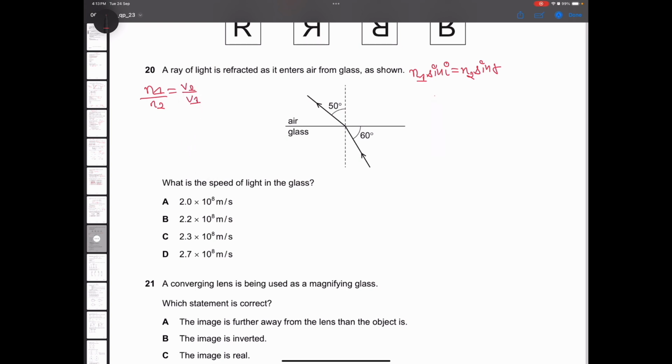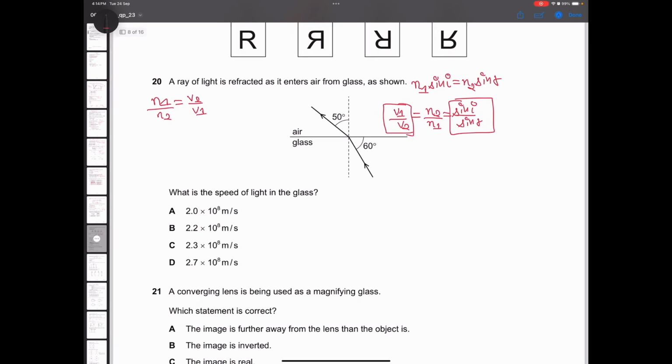Now let me rearrange this. N2 over N1 equals sin I over sin R. And N2 over N1 is also equal to V1 over V2. Now you take this and this, just equate both of them. V1 over V2 equals sin I over sin R.